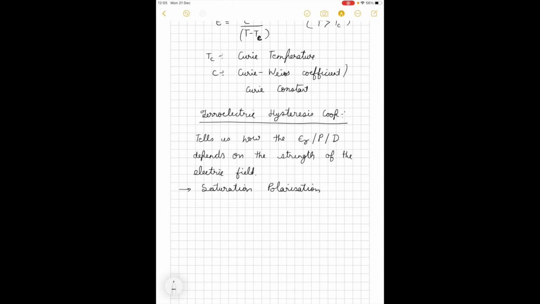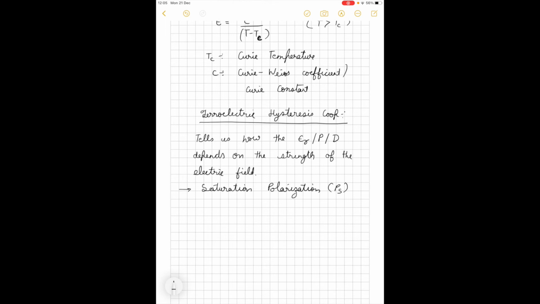As its name suggests, it is the polarization which has been saturated. So how do you achieve it? As we saw before, what does an electric field do once we apply it in a ferroelectric material?